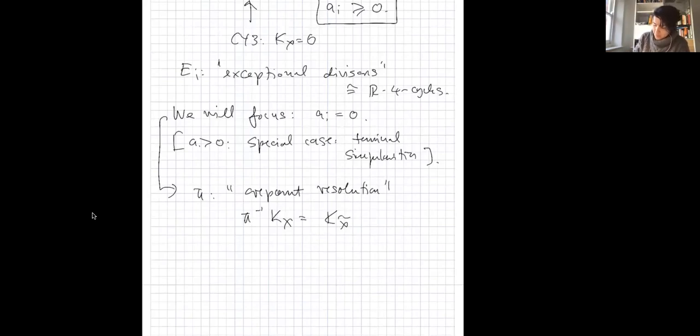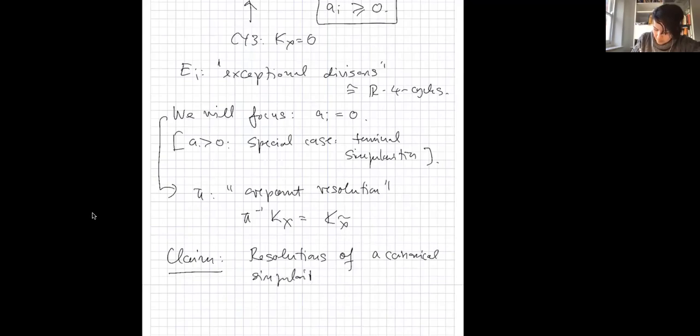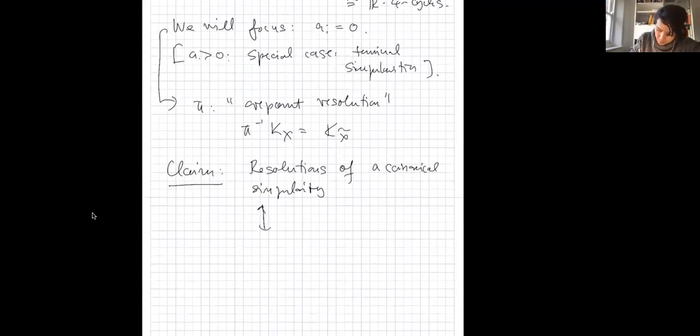And the claim or the conjecture is, so why is this relevant? I have not told you, we've done Coulomb branch physics, and now I'm telling you there's all this algebraic geometry stuff. Why is this relevant? The claim is basically the resolutions of a canonical singularity are in one-to-one correspondence with the extended Coulomb branch phases of an SCFT.